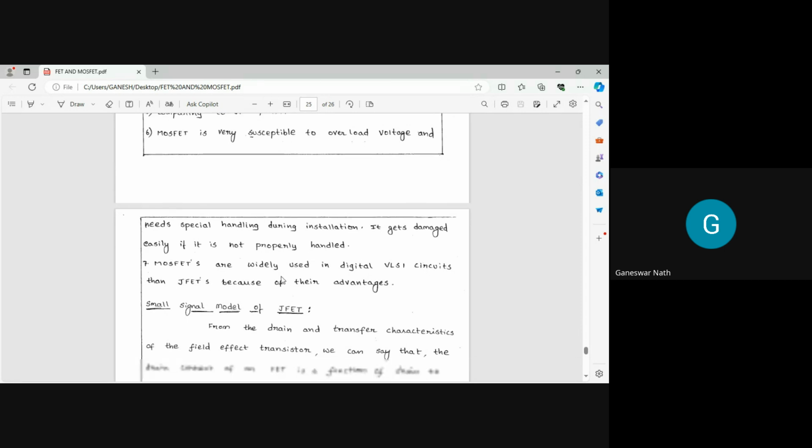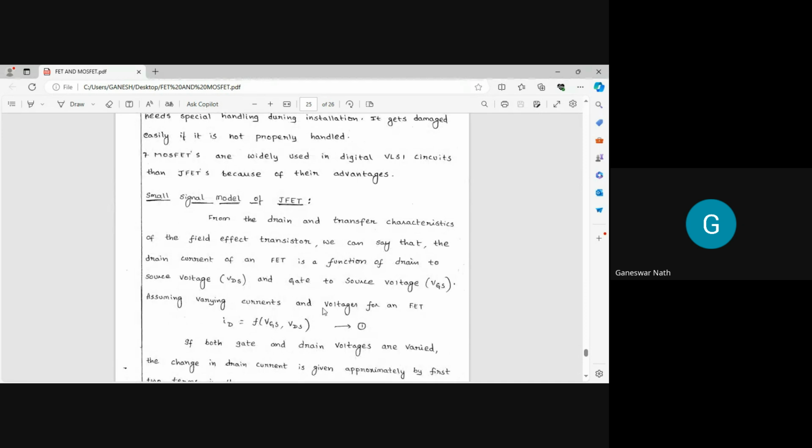Now I can go to the small signal model of the JFET. As we saw in the previous section, the drain current is a function of VGS and also VDS. From the drain and transfer characteristics of the field effect transistor, we can say that the drain current of a FET is a function of drain voltage and also the gate to source voltage.